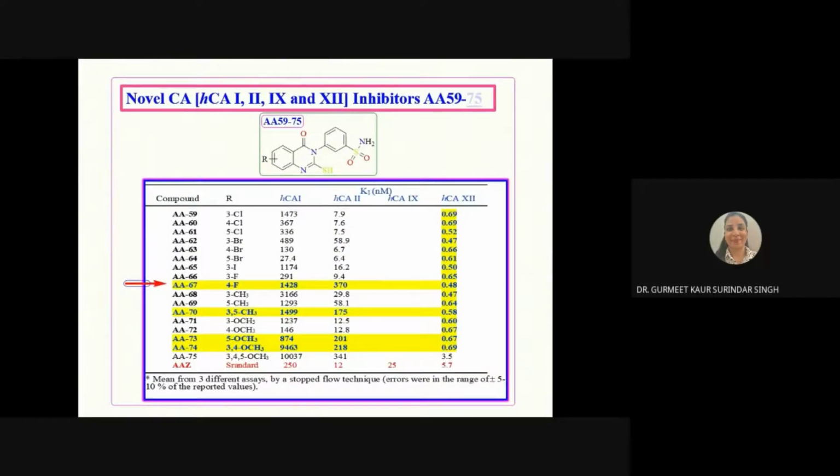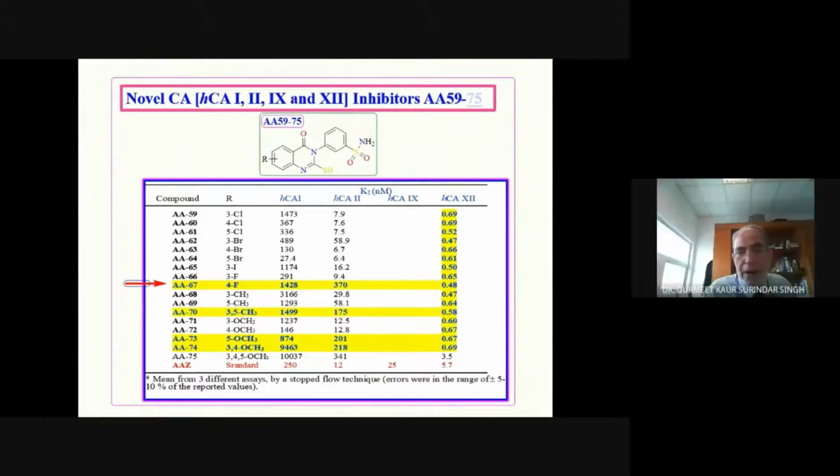If we look at compound AA67, we will find that it inhibited carbonic anhydrase 2 at a concentration of 370. However, it inhibited CA12 at 0.48. So it is highly selective for carbonic anhydrase 12, and it is not suitable to inhibit carbonic anhydrase 2.